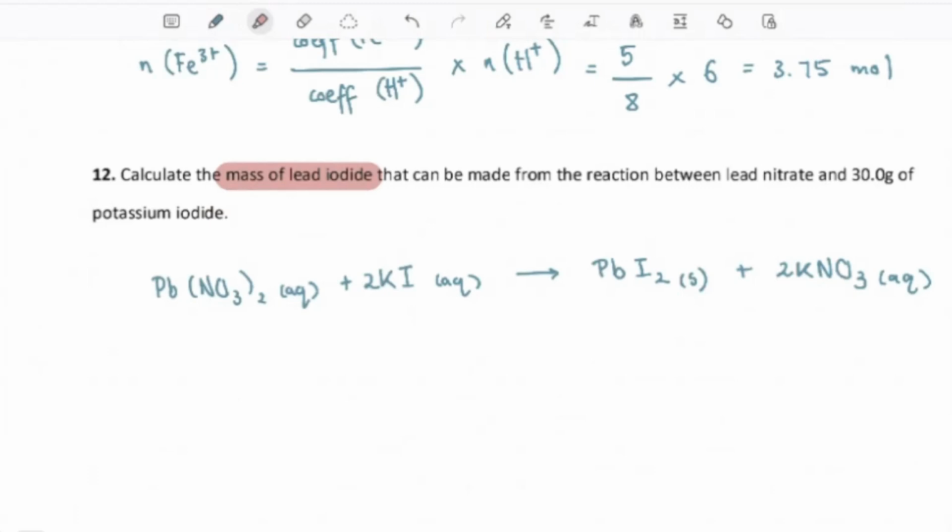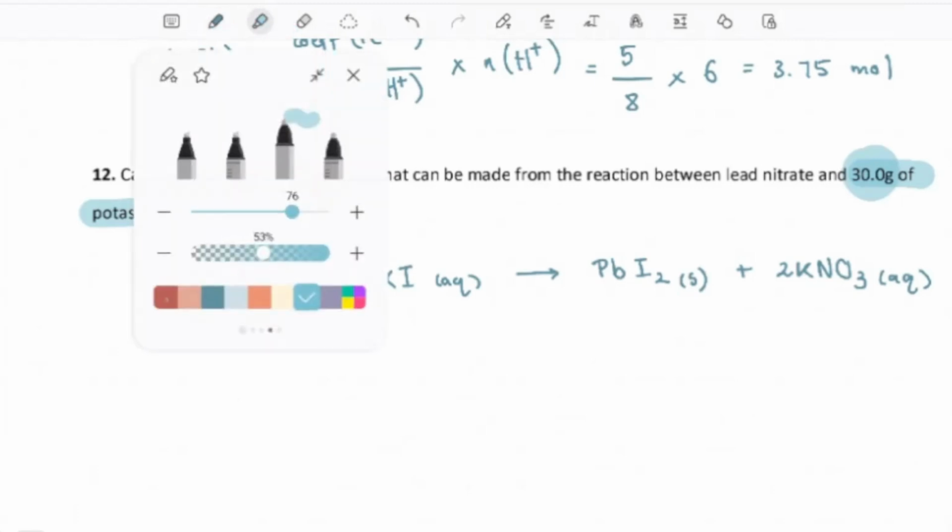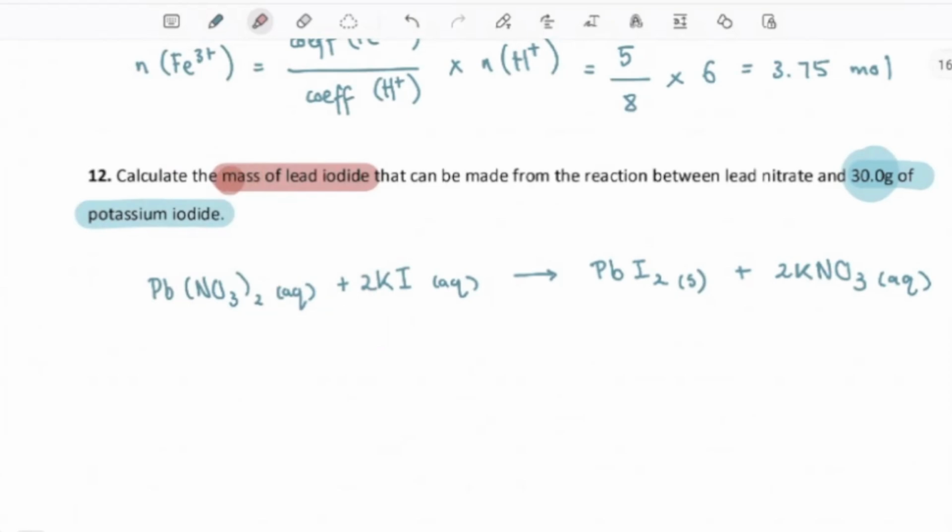Our known is actually going to be our potassium iodide, because we are given its mass, but we don't know the mass of lead iodide. So we're going from the mass of potassium iodide to the mass of lead iodide. We need to find a connection between those two substances.